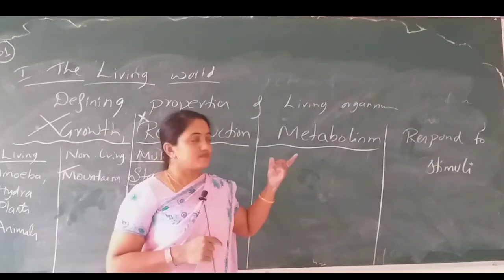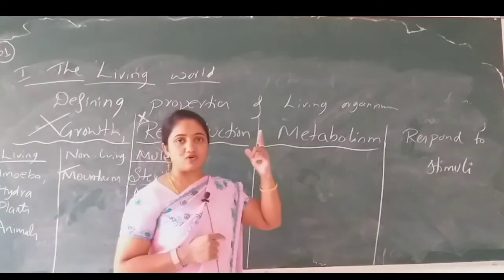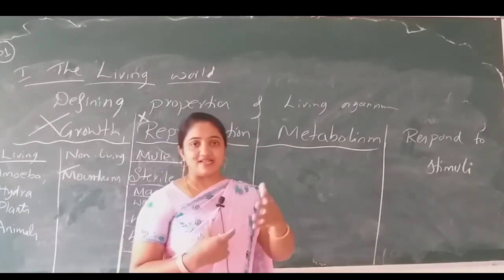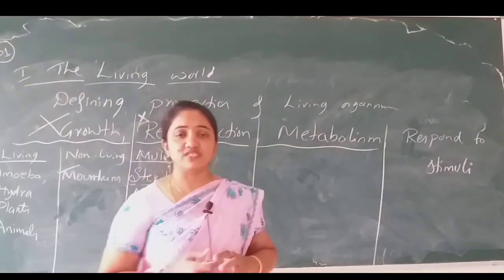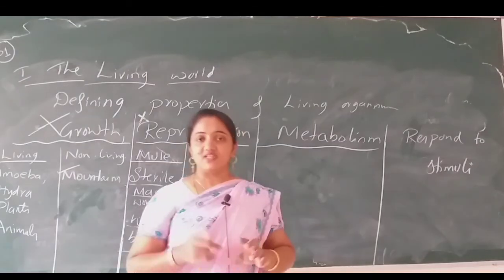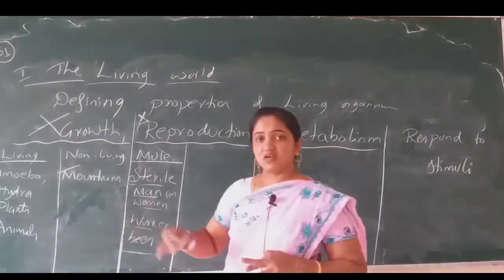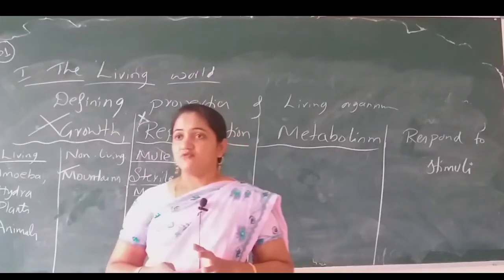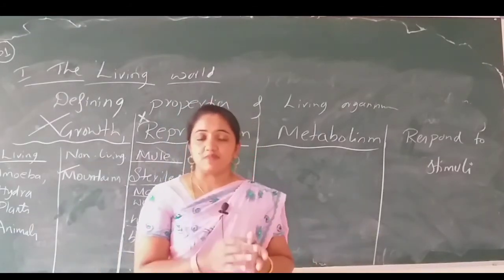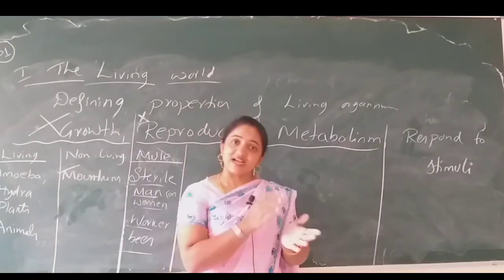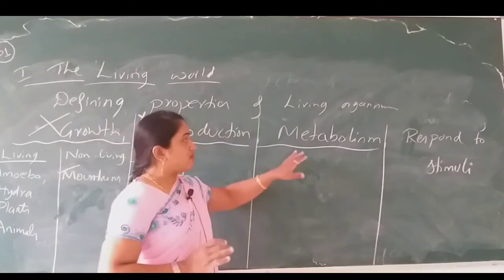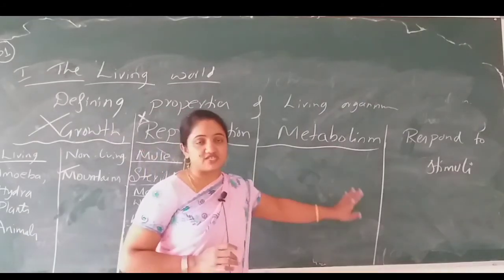How come? Because of this metabolism. A number of chemical reactions take place inside the cell. What type of chemical reactions? That we'll see when we come to biomolecules, and not only in biomolecules but also in plant physiology and human physiology, we'll learn about metabolism, how the reaction takes place.